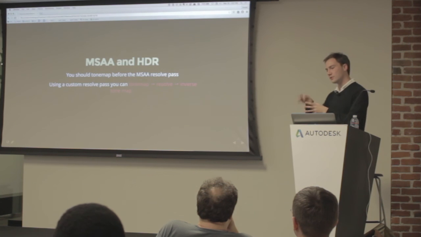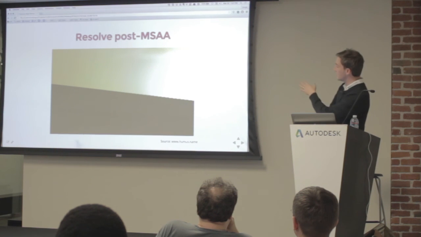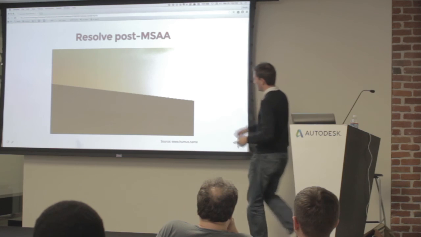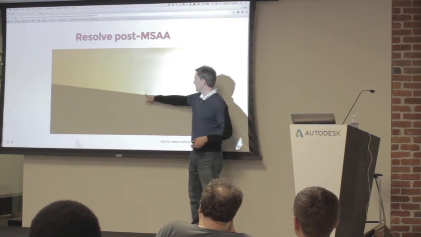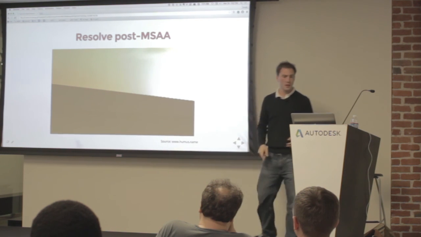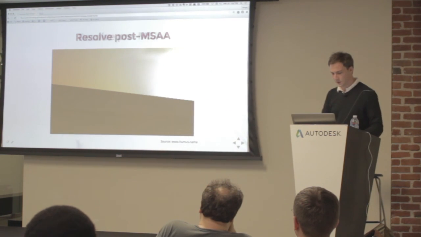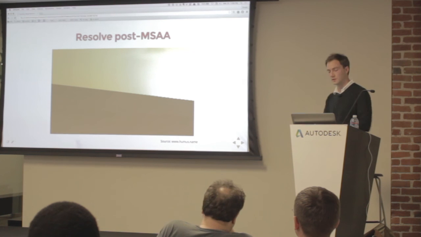So the idea is that you first need to tone map, then do the resolve for MSAA, then invert the tone map, and I'll show you what it looks like. So this is MSAA done wrong. If you look here, you can see a faint result of anti-aliasing, but you still see this staircase effect that looks pretty nasty. And if you do it the right way, you get this nice smooth line. It's just a matter of changing when you do things in a renderer.